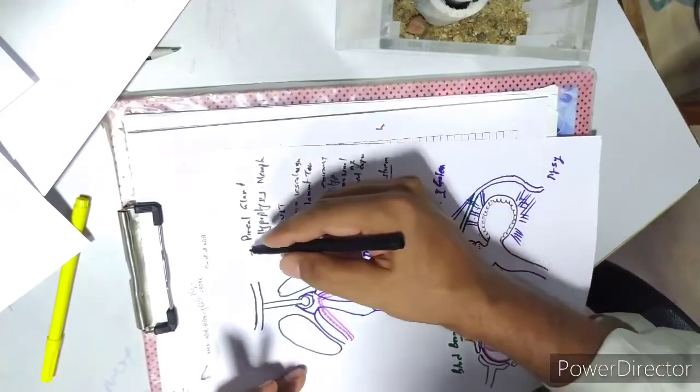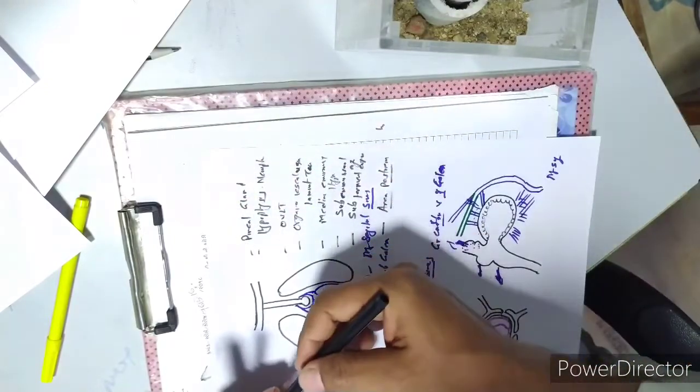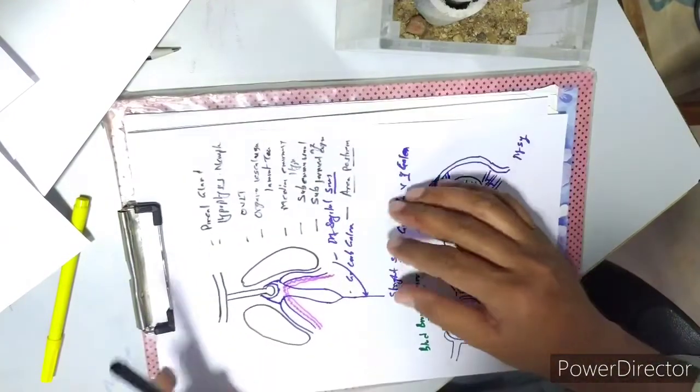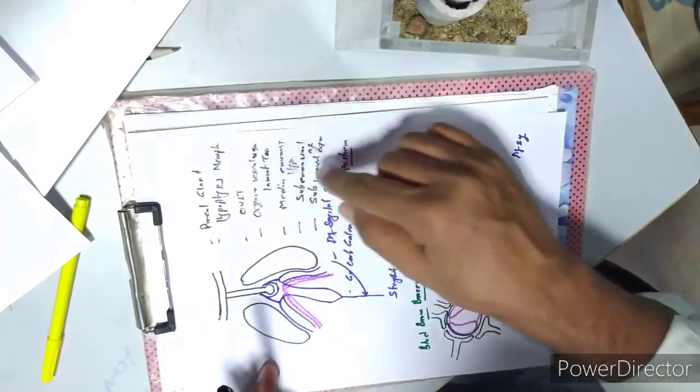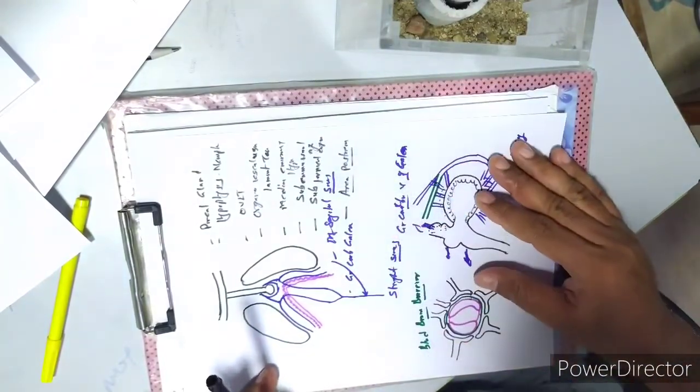So these are the sites where the blood-brain barrier is absent. So particles, antigens, antibodies, or any toxins directly enter these areas and stimulate them.